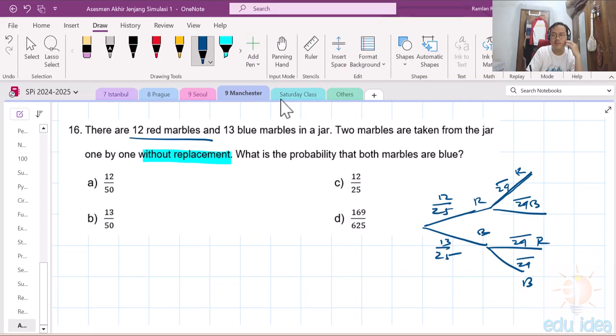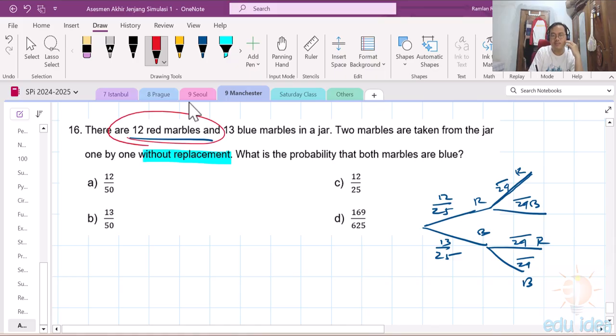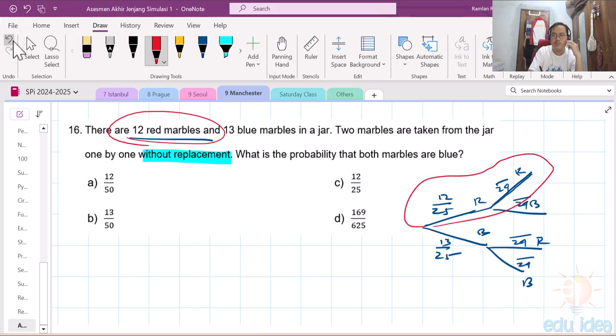Let's say for the first one over here, you get a red. There are 12 red marbles inside the jar, but in this branch, you assume that the first event that happened is getting a red.